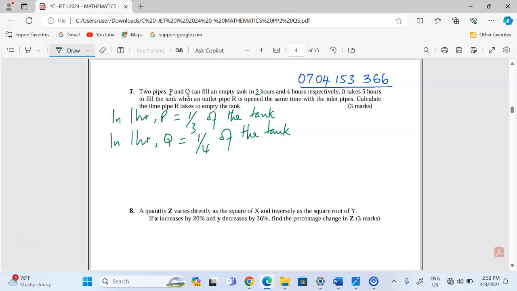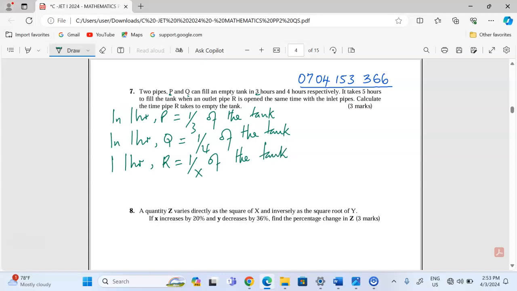So we can say that in 1 hour, the outlet pipe, which is R, empties a fraction, which can be let to be 1 over x, of the tank.